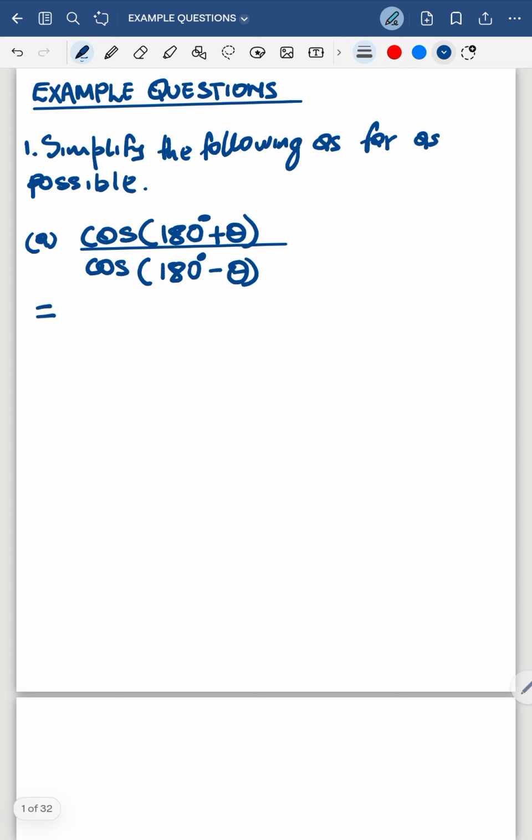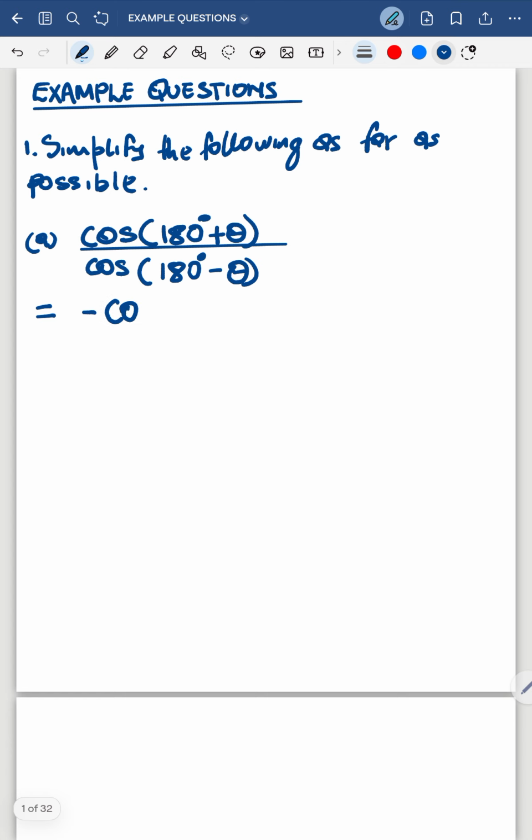Then let's solve this one. What does it mean here? 180 degrees plus theta, which quadrant is this? We said yesterday 180 degrees plus theta is the third quadrant. So how is cosine in the third quadrant? It's negative. So you're going to write negative cosine theta.